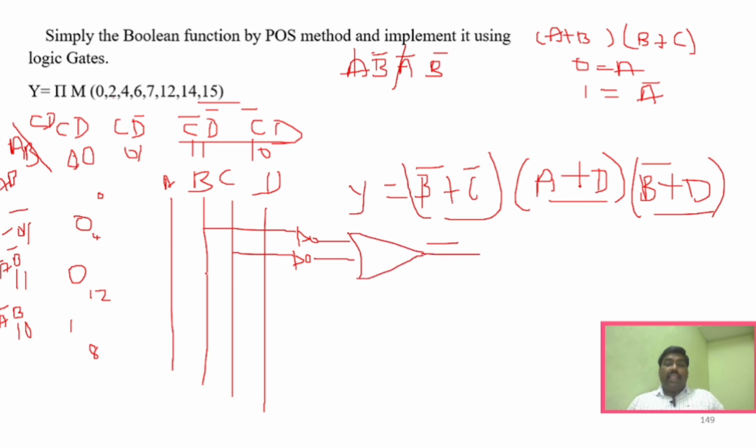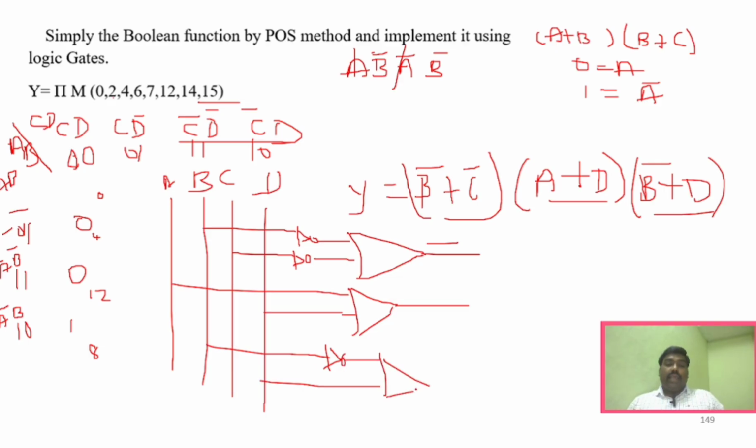Similarly A and D, still A and D, and again I'm using an OR gate, because it is a summation. And then it is B bar, so it is an AND gate, and then D directly. So I'll use another OR gate, and all these things will be combined in a NAND gate.